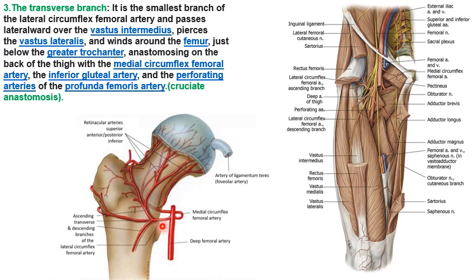So the transverse branch anastomoses with the transverse branch of the medial circumflex, along with the branch from the inferior gluteal above and the first perforator below, and forms the cruciate anastomosis nearer to the lesser trochanter behind, in the back of the thigh. That is called cruciate anastomosis. So this transverse branch of the lateral circumflex femoral artery participates in cruciate anastomosis.